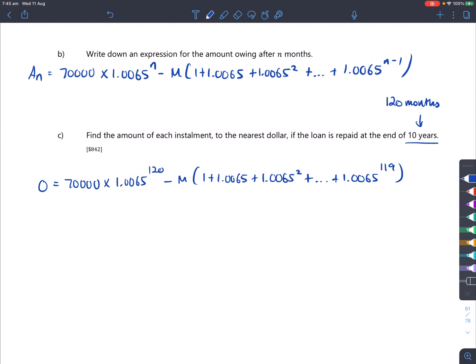So, once we've done that, you know what? I think what I had to do in question B was actually carry on a bit further. So once you've written that down in question B, actually, can you write down that 70,000 times 1.0065 to the power of n is also accompanied with minus M, but we have to put this together as one.